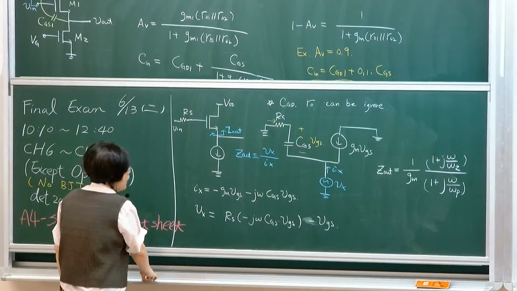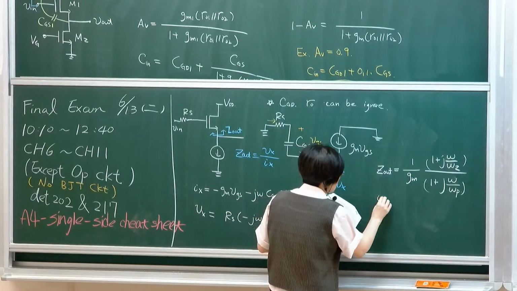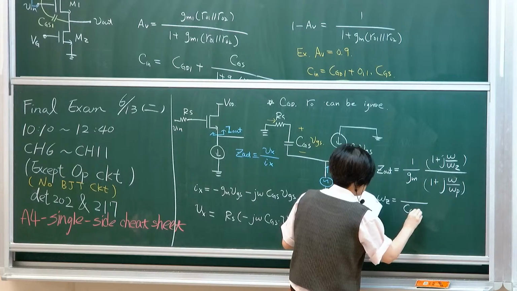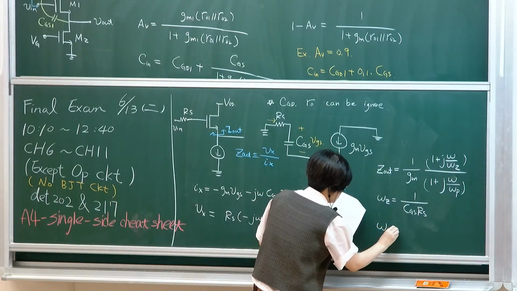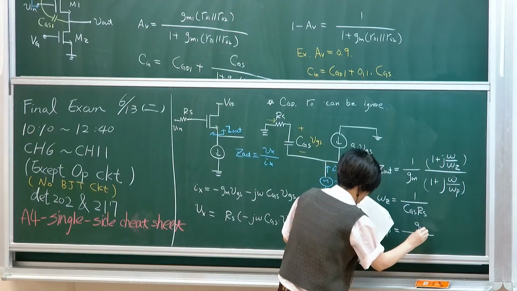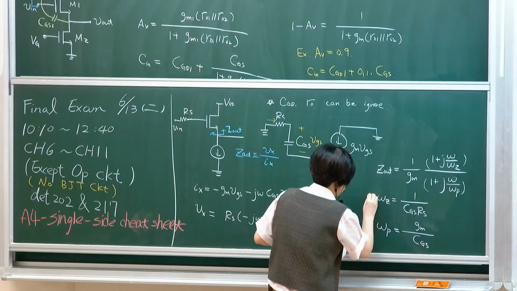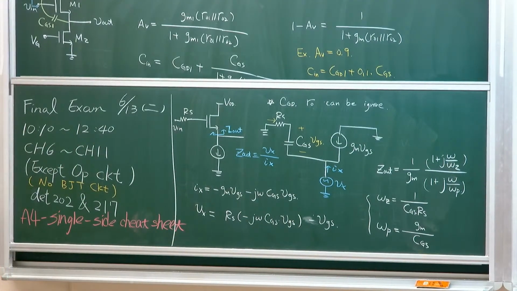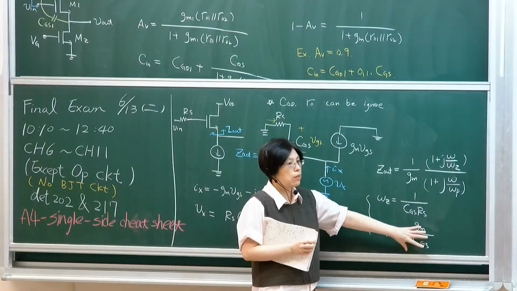So also, if you look at this, let me highlight the poles and 0. I have 0 at CGS RS. In this case, anytime you see GM over CGS, this is very high frequency.